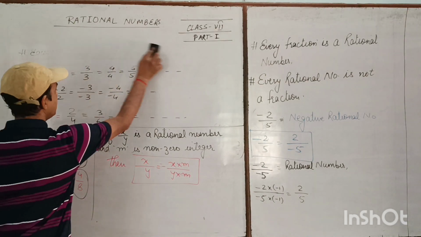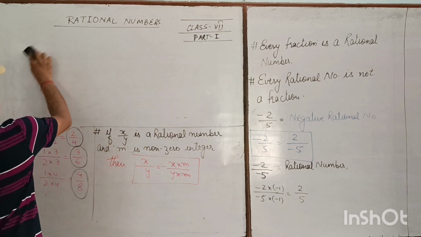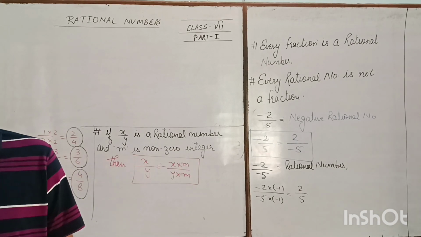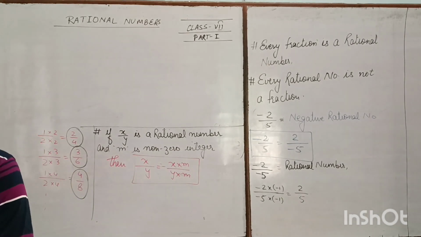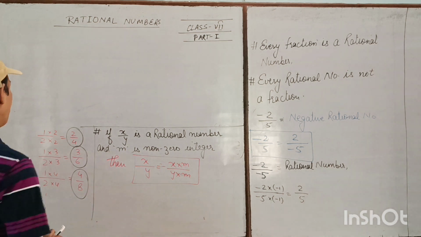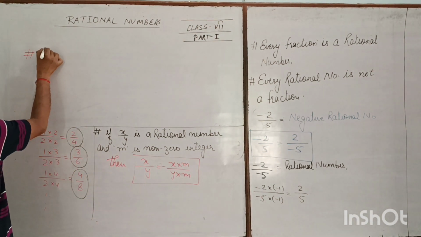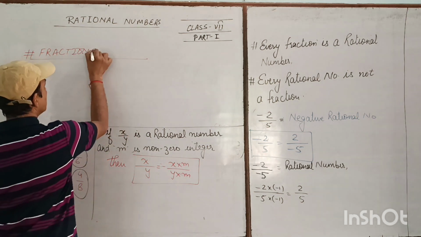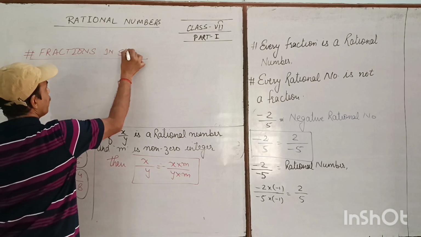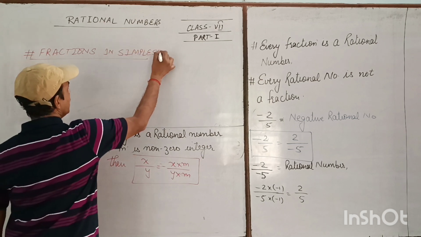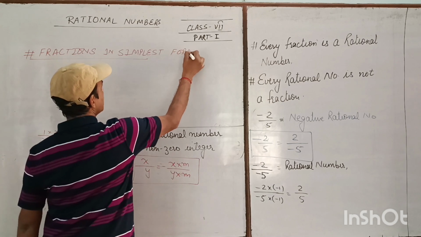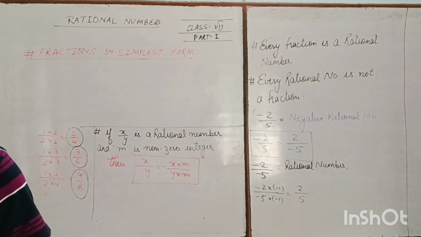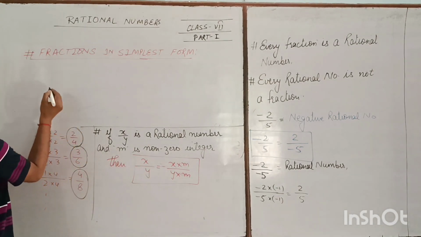Fine. Now let's see. After this, you will see how to write fractions, or say rational numbers, in the simplest form. In this case, we are writing fractions in simplest form. Fine. Let's see that. For example, 8 upon 12.